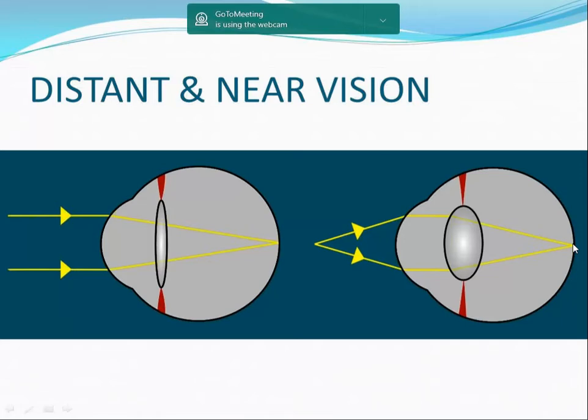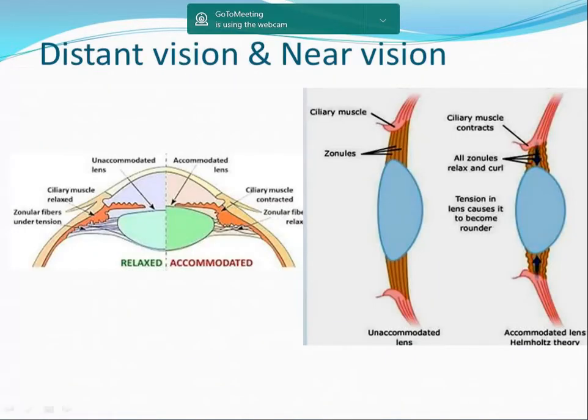What is this process called by which the lens becomes more convex and its refracting power increases? Anyone? Yeah, very good. It's called accommodation.